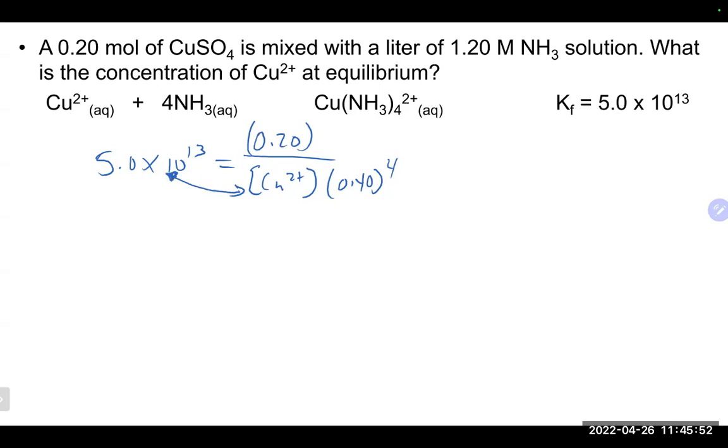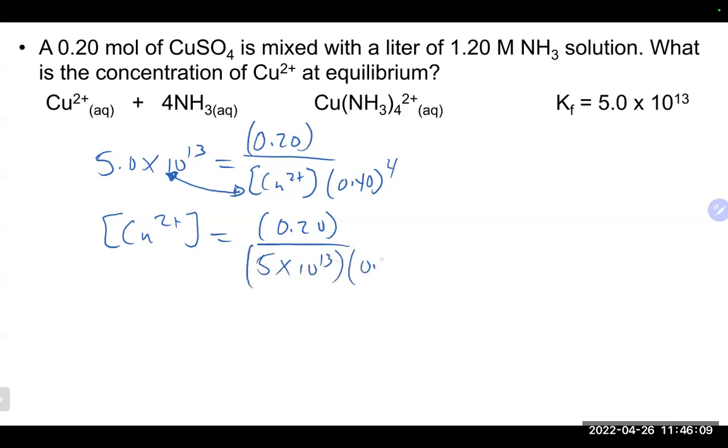So these two guys end up in opposite places. Divide the 5 times 10 to the 13, multiply the copper 2 over to the other side, and when you do that, you get 0.2 divided by 5 times 10 to the 13 times 0.4 to the 4th.